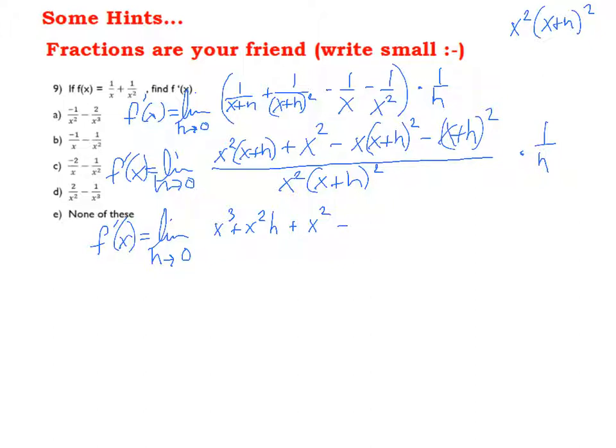That'll be negative x cubed. And then I would have 2xh times negative x. That'd be negative 2x squared h. And then I have h squared, but times the negative x.